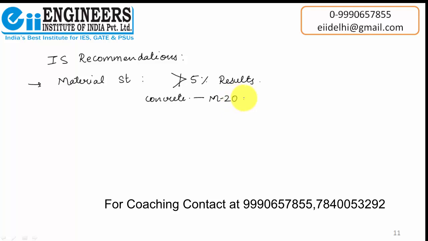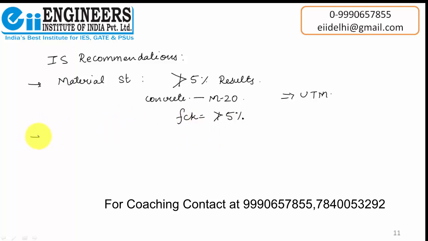We will make M20 concrete cubes, keep them for curing for 28 days, and test all the cubes in the UTM, universal testing machine, and get the results. So we take the characteristic strength such that not more than 5% of results fall below it.